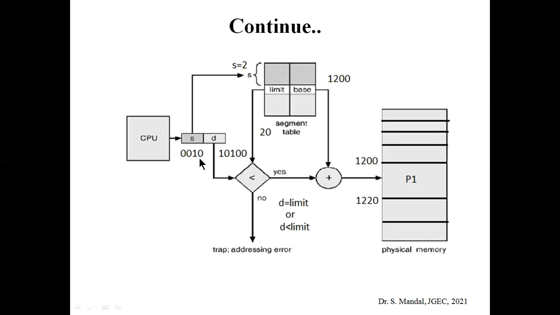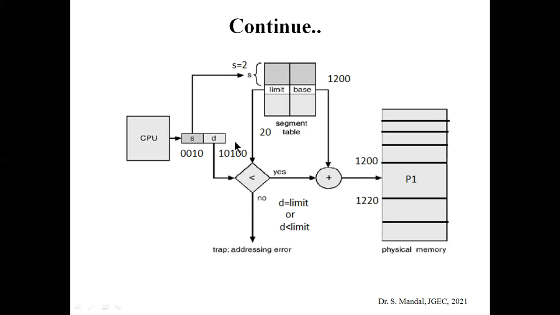As we should use binary form, here it is written as 0010, which denotes segment number 2, so s equals 2. If you use 4 digits to represent 2, that will be 0010. So that indicates segment 2. And d, what is d?